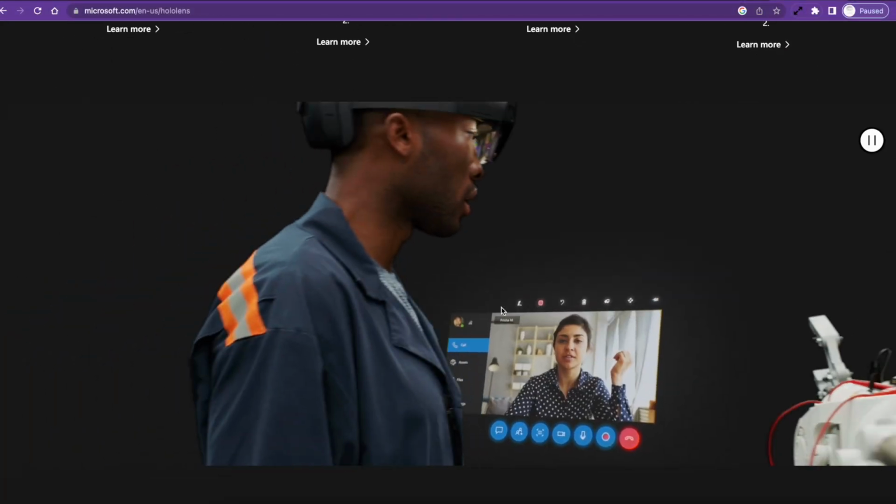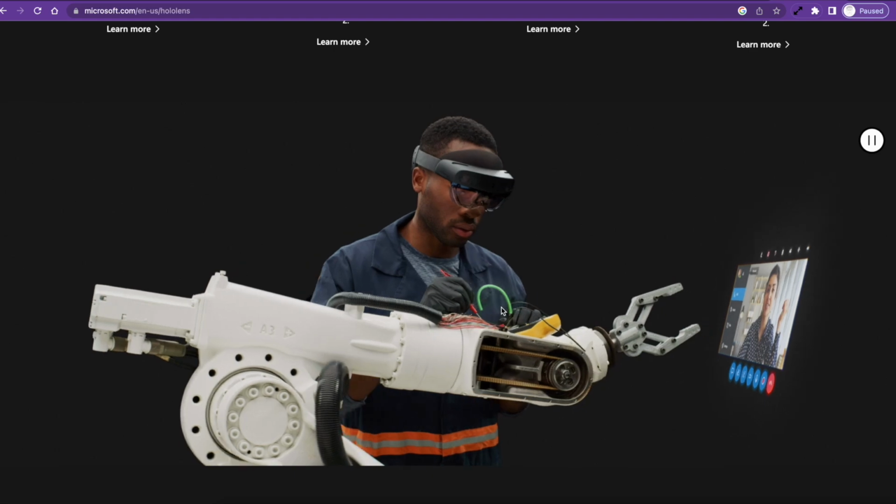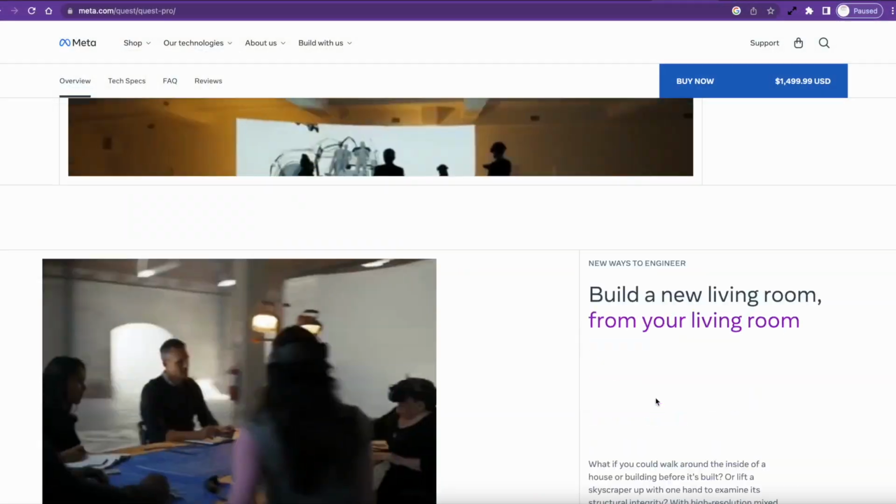For MR, Microsoft's HoloLens is almost synonymous with the term, as they sort of redefined the word when the first version launched. But newer devices are increasingly blurring the lines in this space, for example with the new Meta Quest Pro.